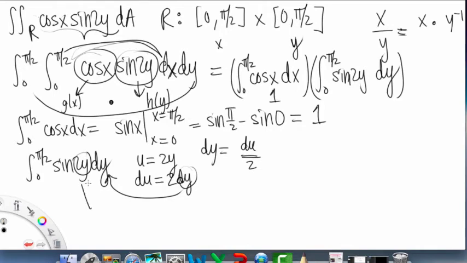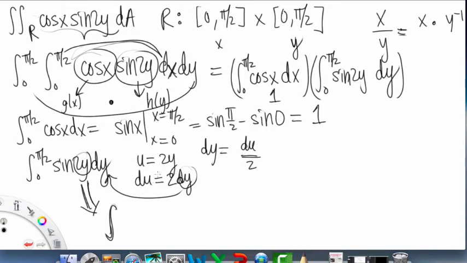Okay, so let's get things in terms of u's. And when we switch into the u's, I like to remove the bounds, the 0 and the pi over 2, entirely, because technically if you write them in when you're doing u's, it's incorrect, because we're going into a different set of variables.